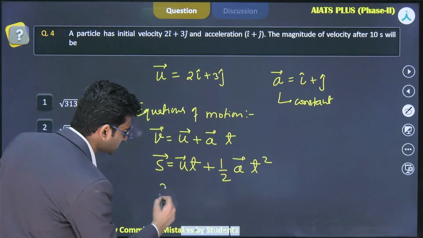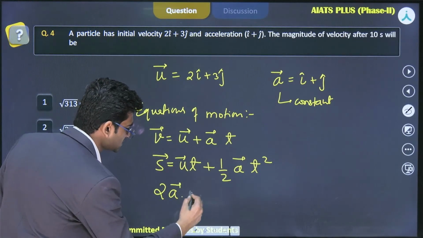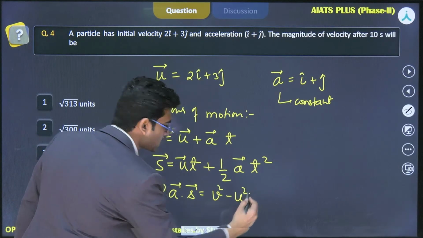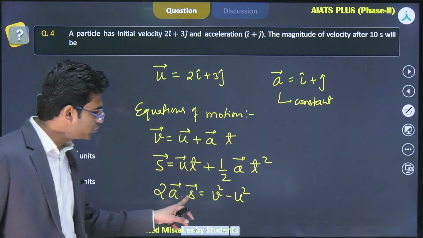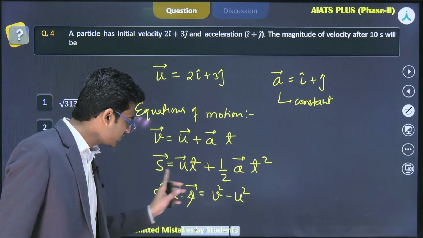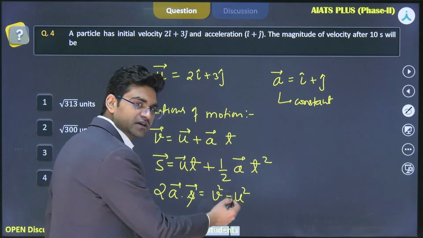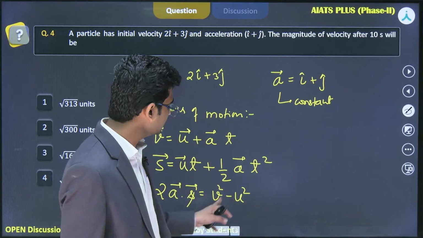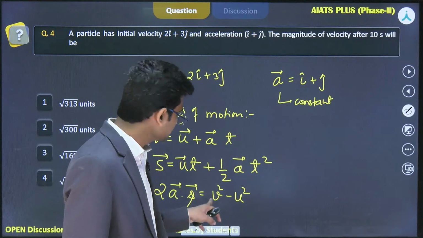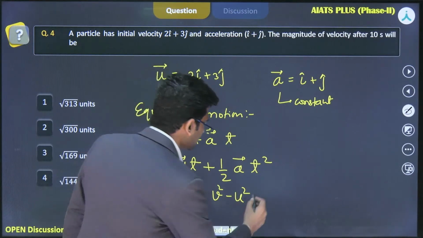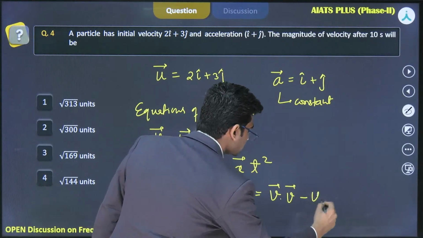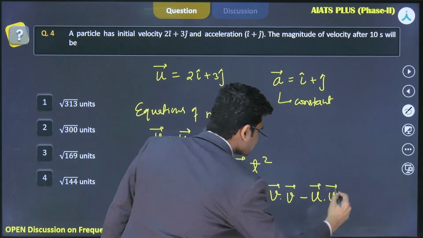The third equation, 2as is equal to v square minus u square. Now you see, these are vectors, so this equation is in vector form, but v square and u square are scalars. I can write these two terms in vector form also, as v vector dot v vector minus u vector dot u vector.